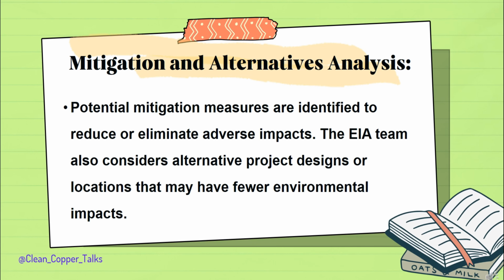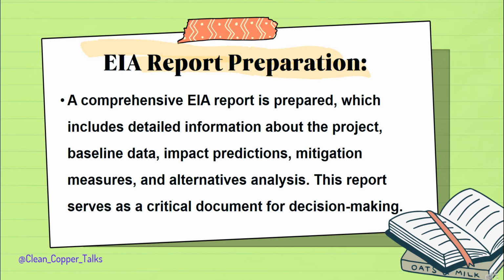Sometimes you can give alternative options also. Then the EIA report is prepared by an expert team, a comprehensive report which includes all the detailed information, the baseline data which was collected, the impact predictions made, and the alternative solutions which were given.